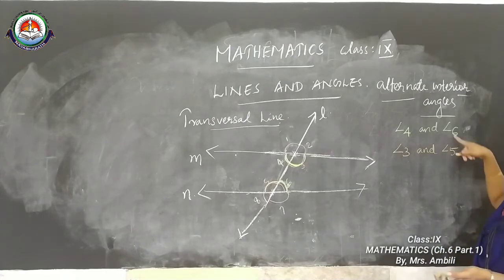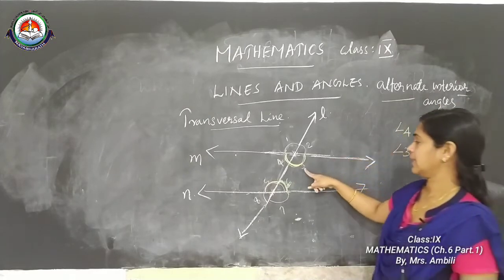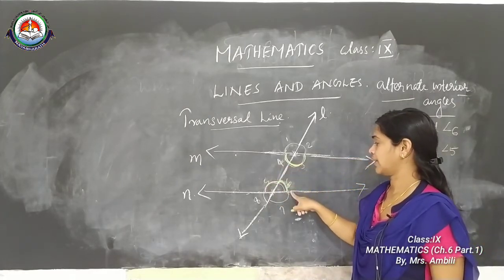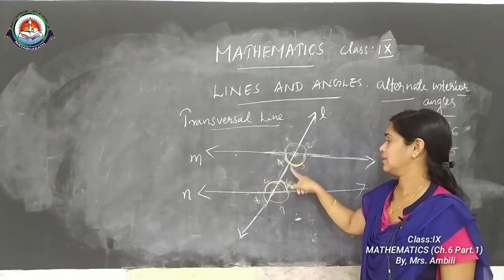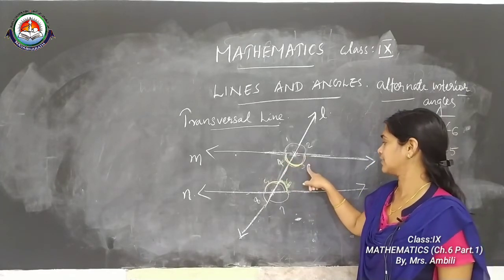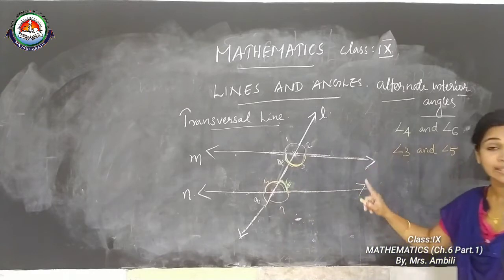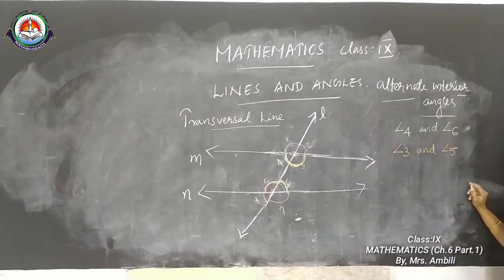Okay. So we got two pairs of alternate interior angles, angle 3, angle 5 and angle 4 and angle 6, like this, crossing. Angle 4, angle 6 and angle 3 and angle 5 are the alternate interior angles.